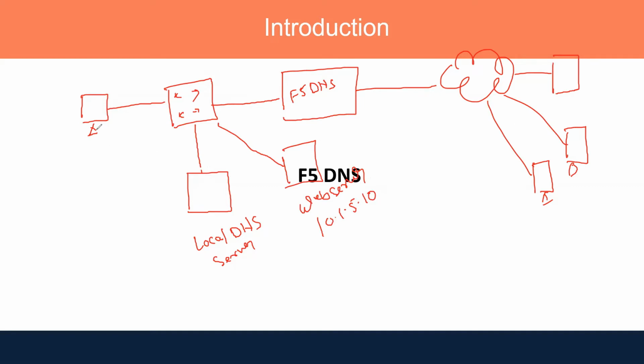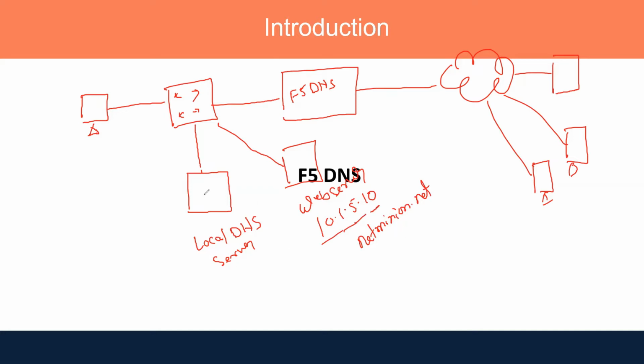Now, if your internal user wants to access this web server, and the DNS name is NetMinion.net, so this web server is running the application which is the NetMinion.net website, right?